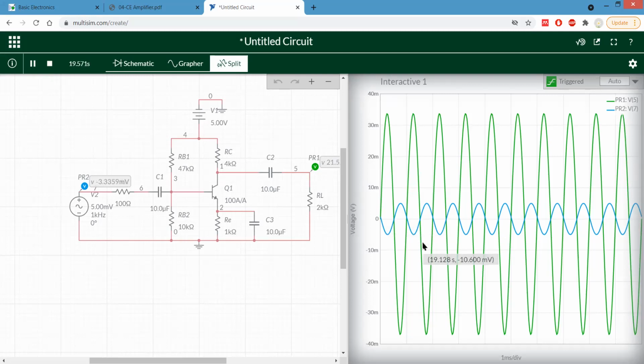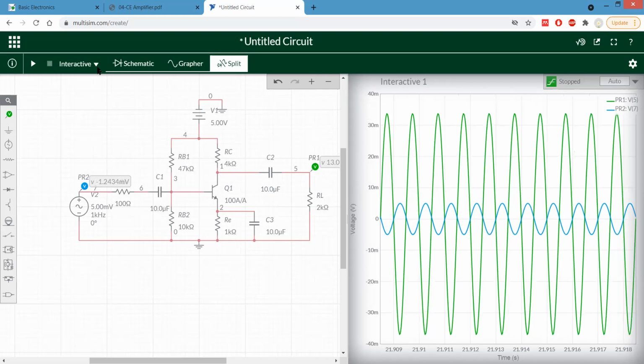This is also one of the properties that you will have in this common emitter one. We have already discussed it, and now you can visualize it. Now we have applied a pure AC signal to this biased common emitter circuit, and it is amplified. Now I think we can stop it, and we will have a proper AC sweep.